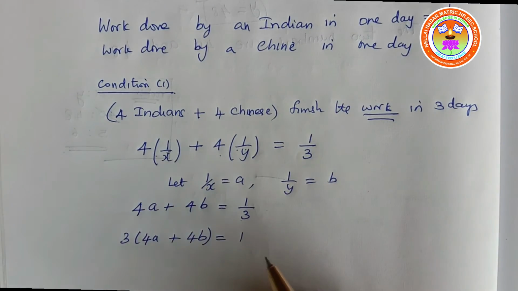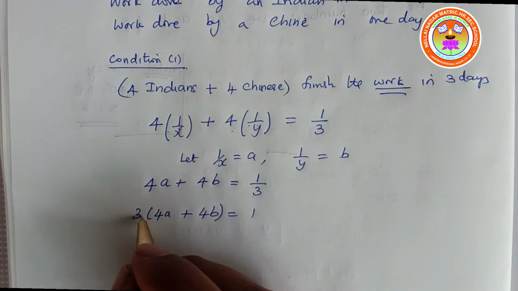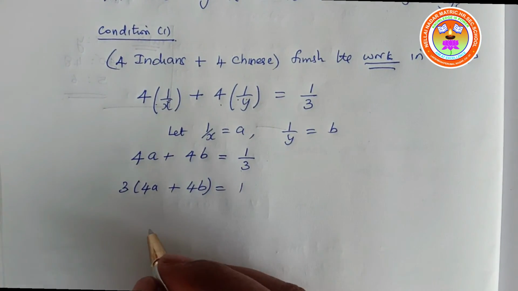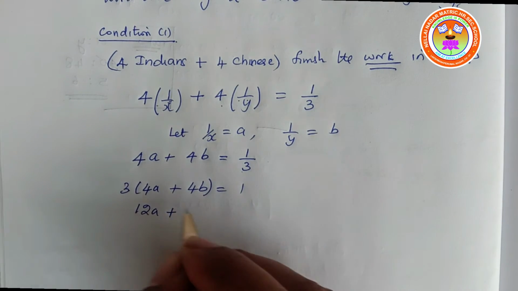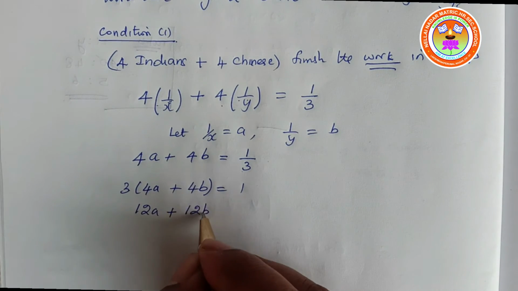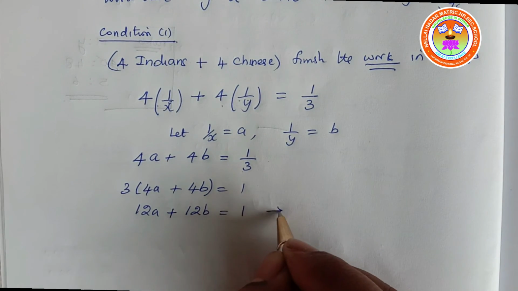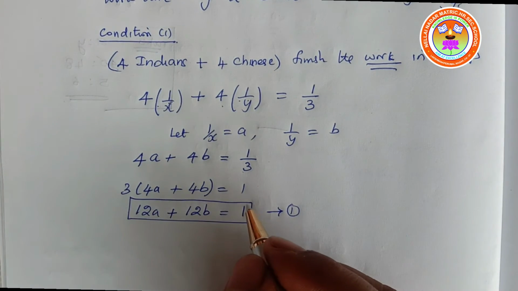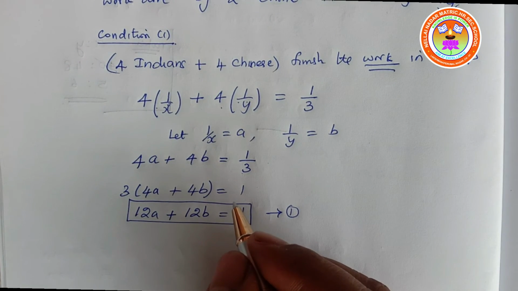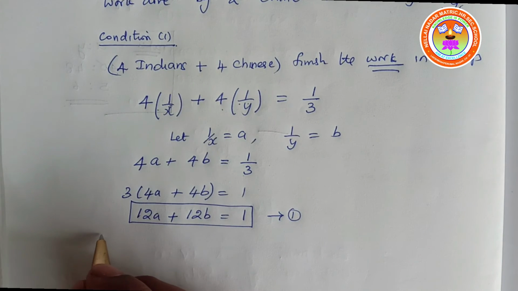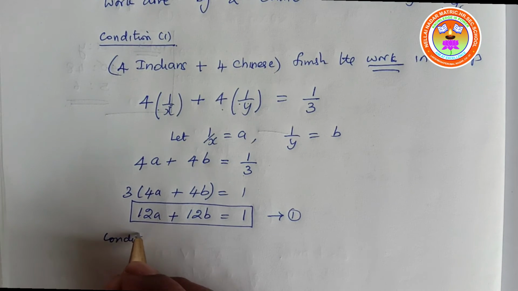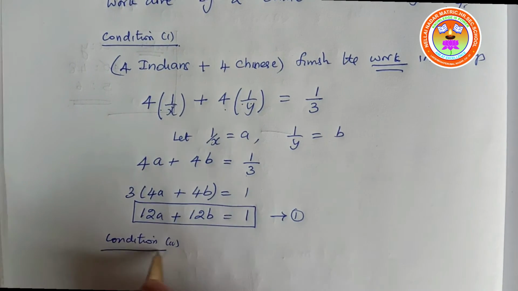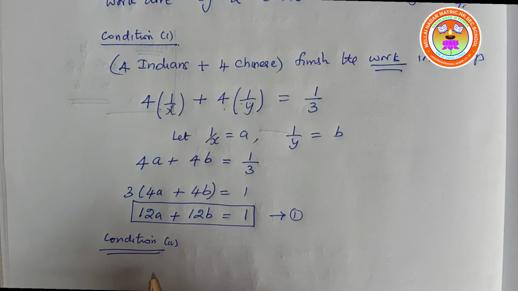Clear children? Just cross multiply. Right? Now 3 4s are what? 3 4s are 12a plus 3 4s are 12b is equal to 1. You consider this as equation number 1. It's clear children? Next, what is condition 2 given? Condition 2 is 2 Indians and 5 Chinese can finish it in 4 days.